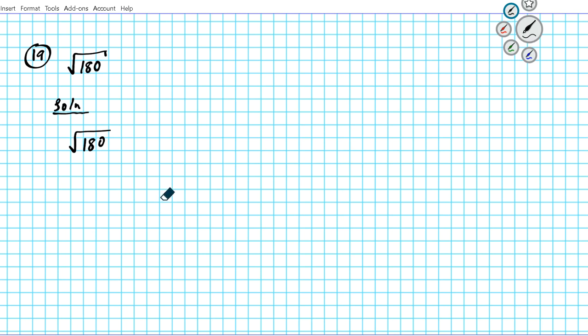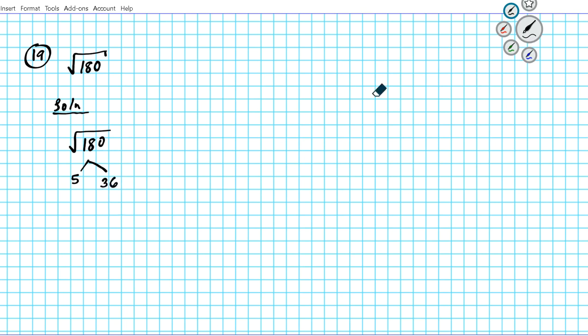So let's go ahead and see how we can break this down. So it's even, well, it ends up at a 0, so we know 5 goes into it, right? So 5 goes into 180 how many times? 5 goes into 18, 3 times, 15 namely. And then carry over the 3, 5 goes into 30, 6 times.